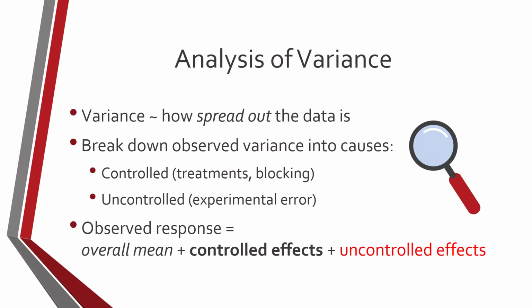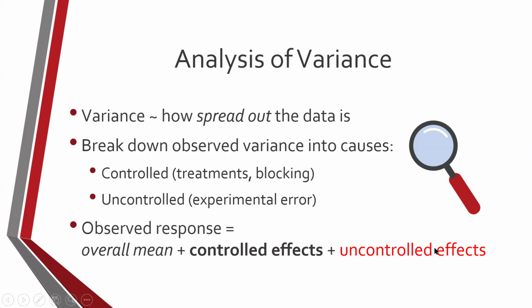There's the baseline response, if nothing had occurred, no treatments were applied. Then the effect that the treatment and blocking specifically had that we targeted to perform, and then the effect of those random influences too. And so if we want to draw conclusions about the treatment effects, then we kind of need to estimate what these random uncontrolled effects are.